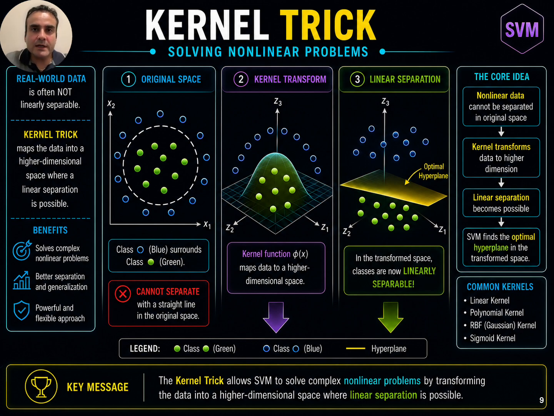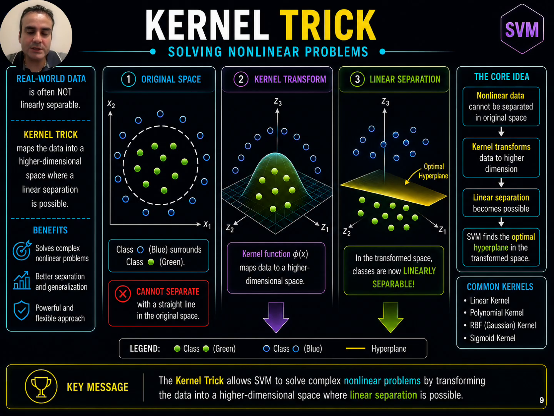Many real-world datasets cannot be separated using a straight line. The left panel shows a nonlinear problem where one class surrounds another. In the original space, no straight line can separate these two classes. The kernel trick solves this problem by transforming the data into a high-dimensional space.